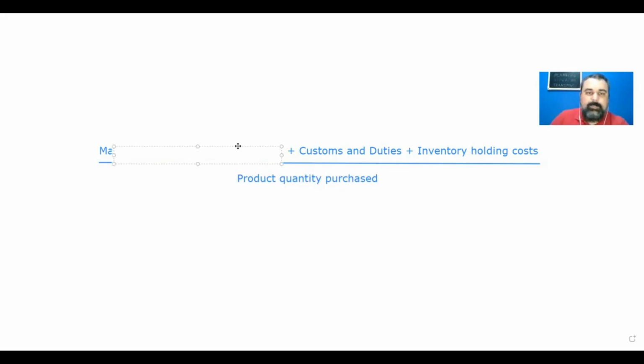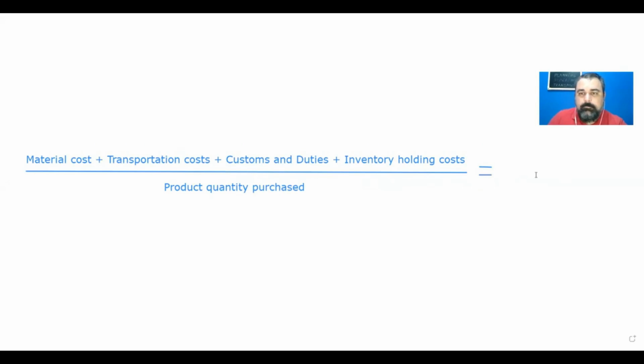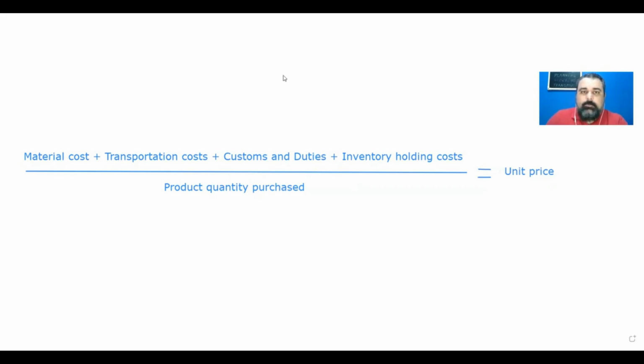When you do all that, what you have is a unit price. So what you're aiming for here is for the lowest possible unit price.